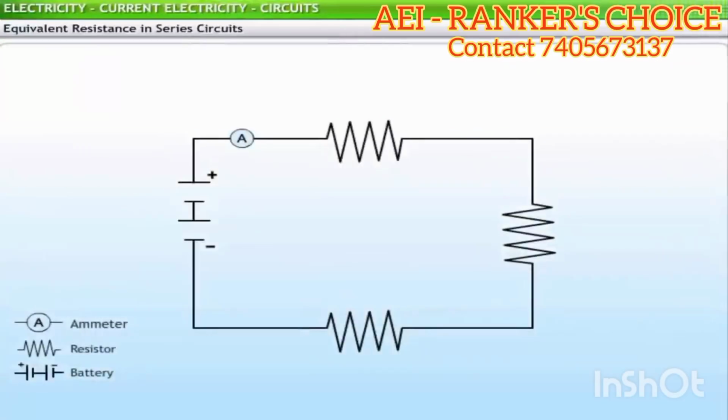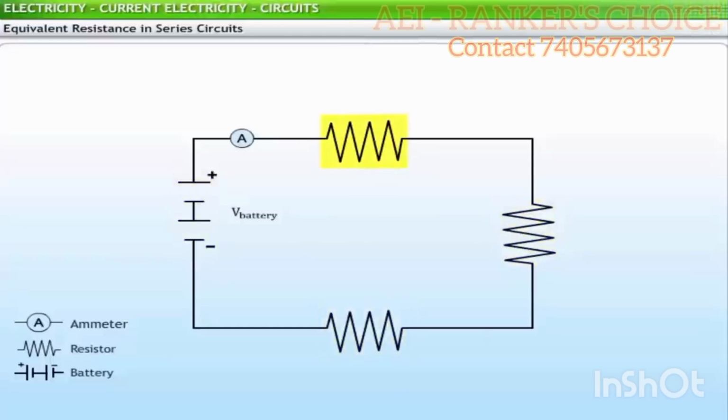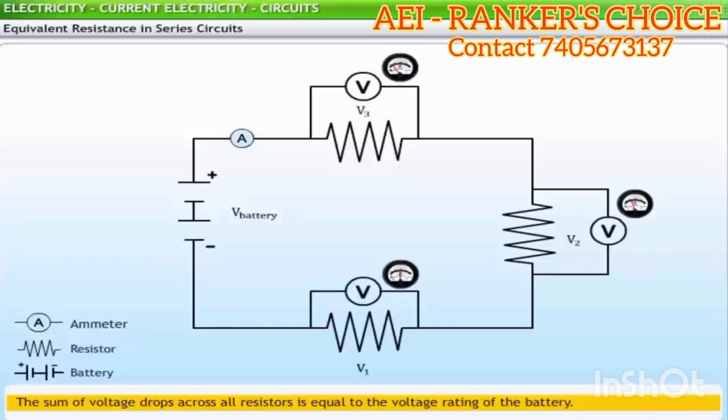If an electric circuit, powered by a battery V, is equipped with more than one resistor in series, then the cumulative loss of electric potential is V volts. Thus, there is a voltage drop for each resistor, but the sum of these voltage drops is V volts, the same as the voltage rating of the battery.